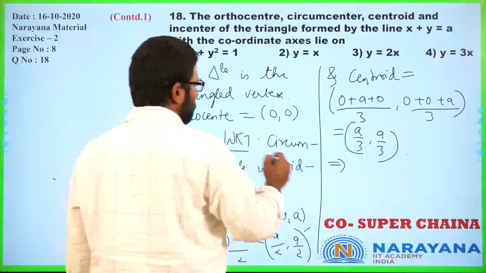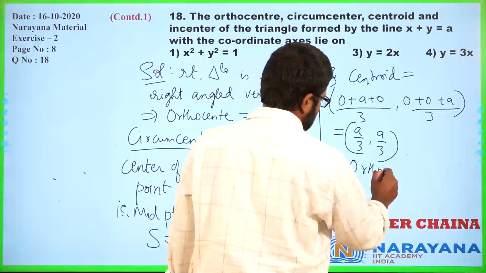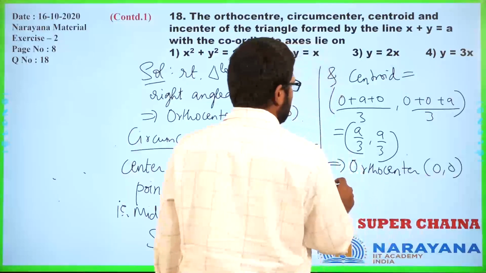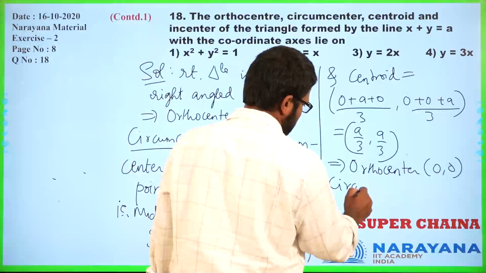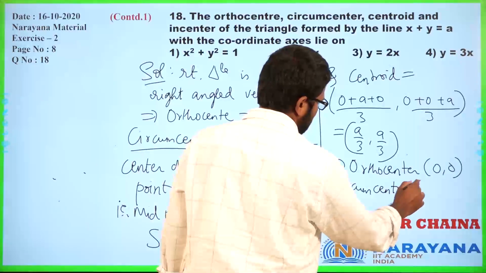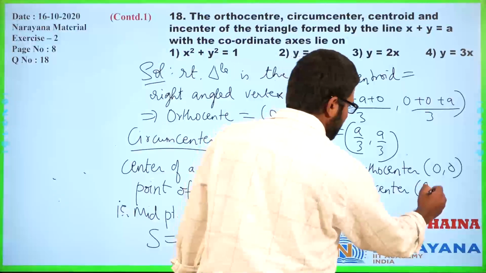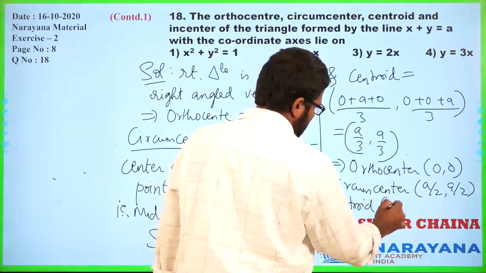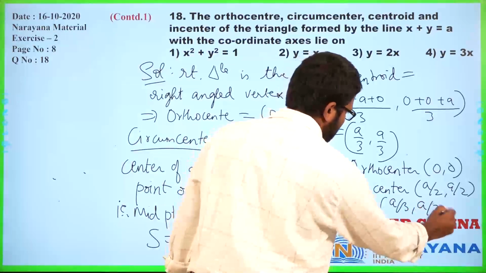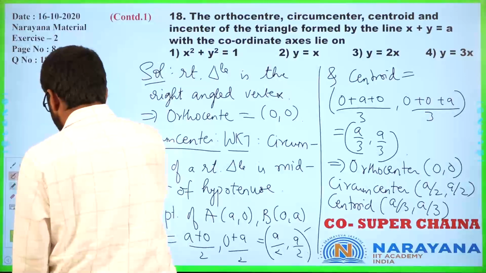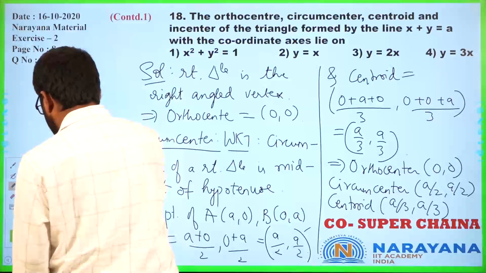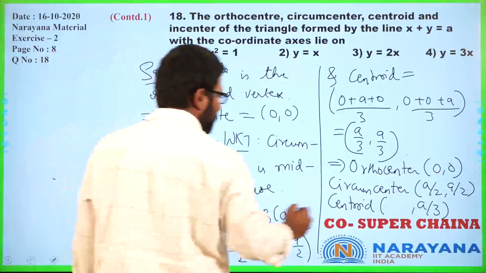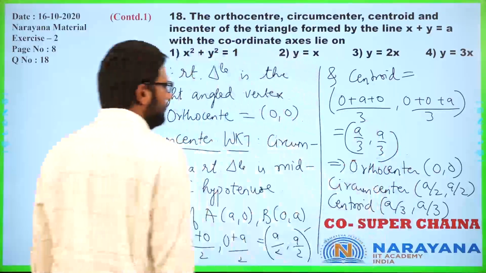So which means orthocenter 0 comma 0, circumcenter A by 2 comma A by 2, centroid A by 3 comma A by 3. Right?